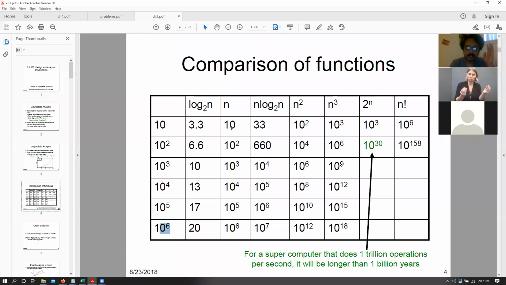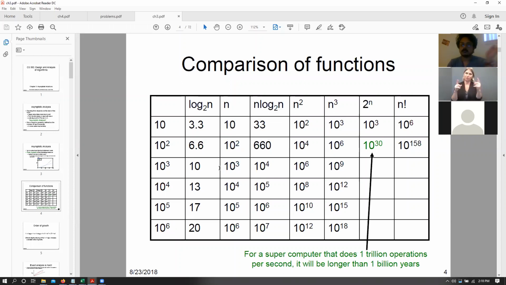Now, if our algorithm grows linearly, then we know that the time complexity of that particular algorithm depends upon the value of n. If n is 10, the linear complexity of that algorithm is 10. If n is 100, the linear complexity is 100.